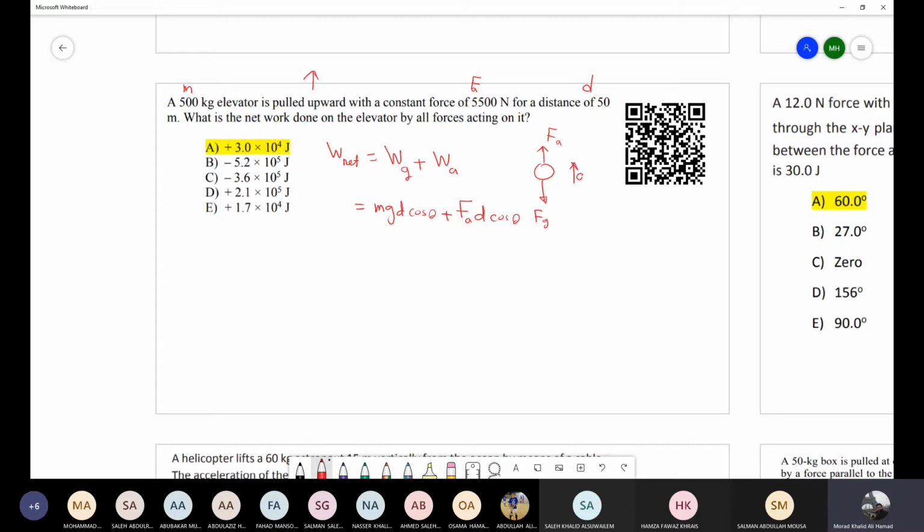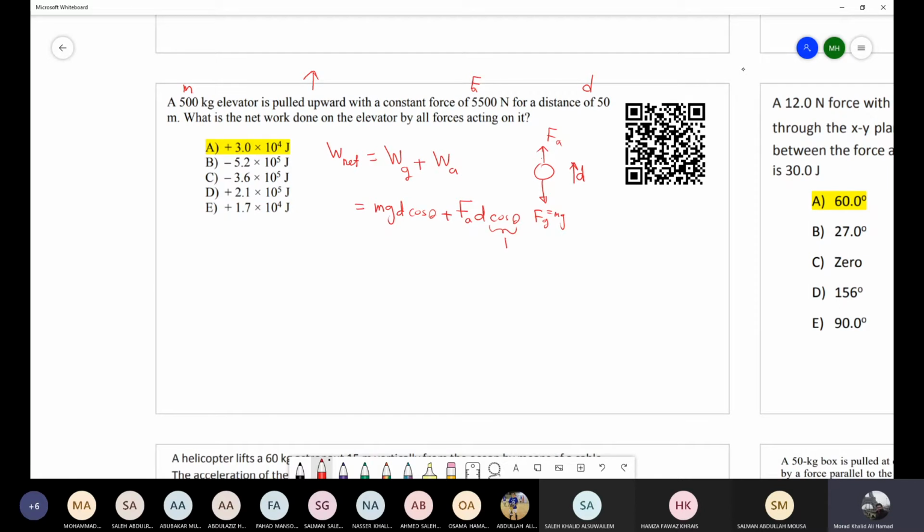The acceleration is upward because it is pulled upward. So the angle between Fa and the direction of d, let's say this is d, the acceleration is upward and this is the direction of d, is equal to 0, right? So cosine 0 is equal to 1, while Fg or mg is downward, while d is upward.